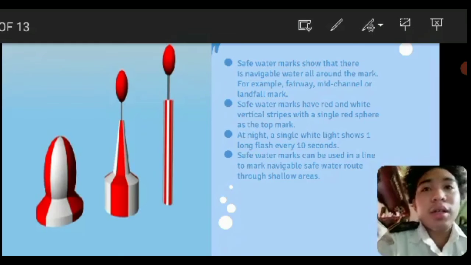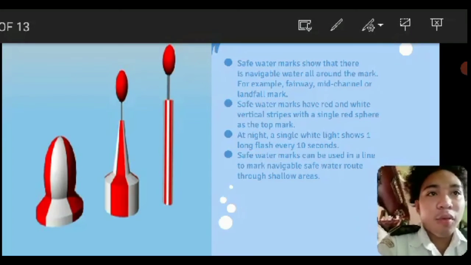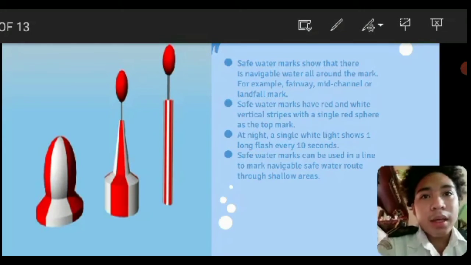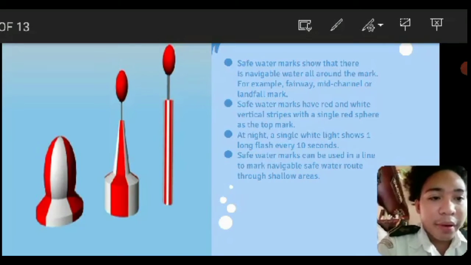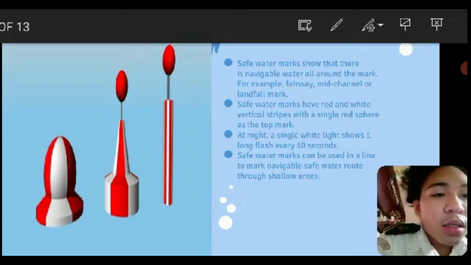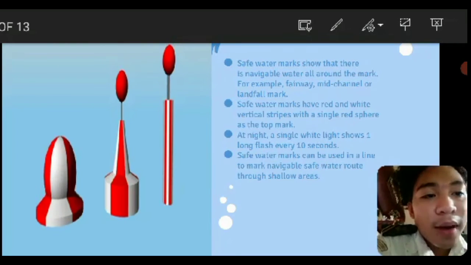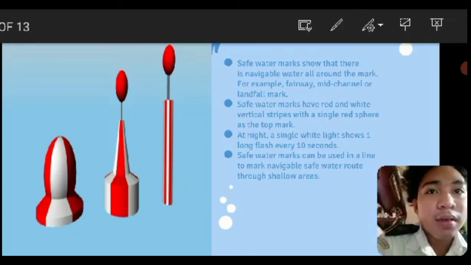In the case where the safe water mark is in the shape of a pillar or spar, the top mark must be a red sphere. At night, a single white light shows one long flash every 10 seconds.